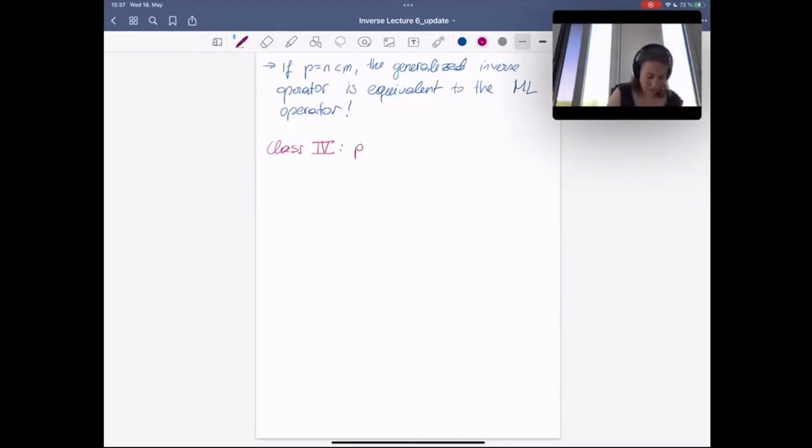And this is when P is lower than the minimum of the dimensions M, N. So in this case, the inverse of G transpose G and the inverse of G G transpose do not exist, which means there is no least squares or minimum length solution.